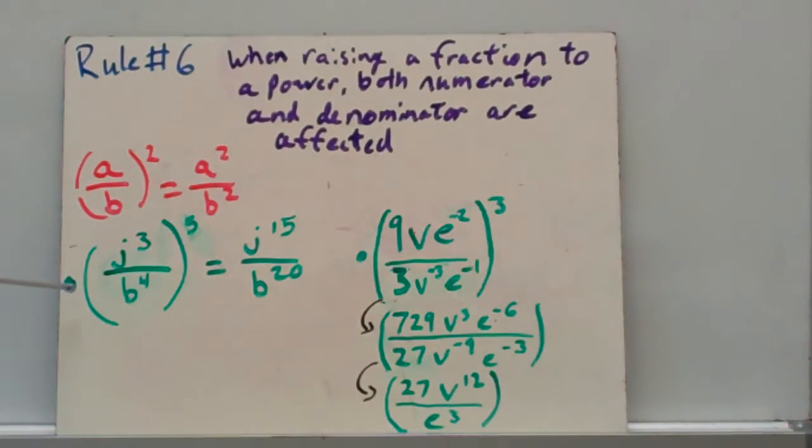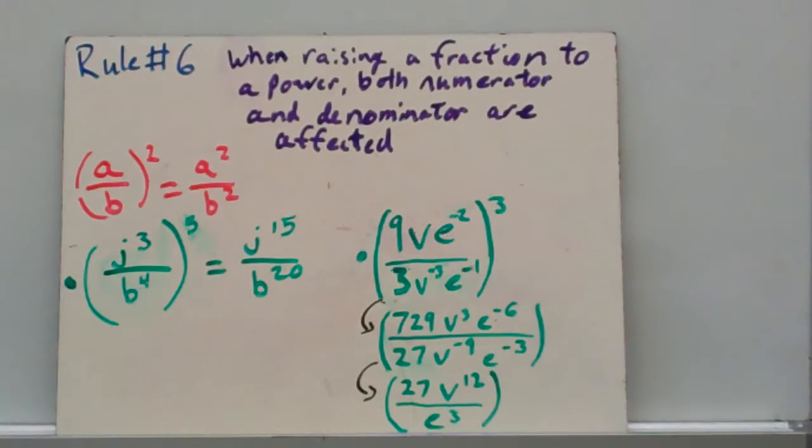If we look at the second example, we have j to the 3rd, b to the 4th, all raised to the 5th power. In that case, remember that when we're raising a power to a power, we multiply those powers. So 3 times 5 is 15, that would be j to the 15th. 4 times 5 is 20, b to the 20th.